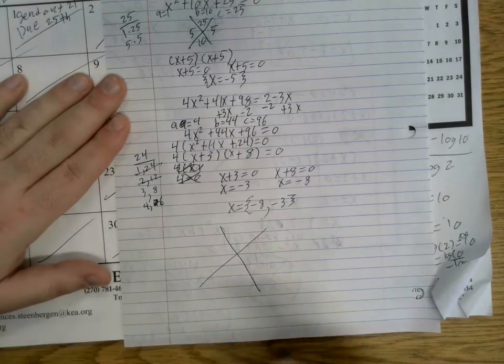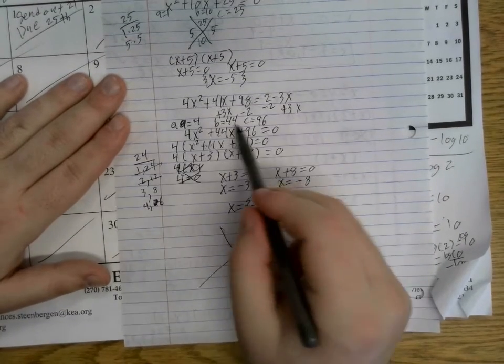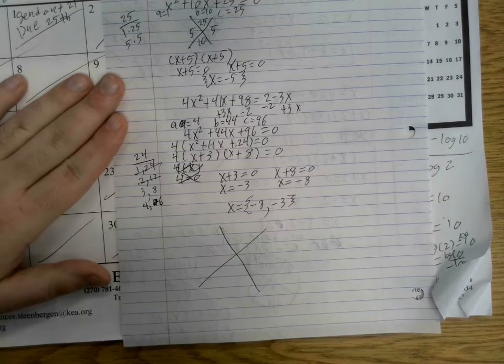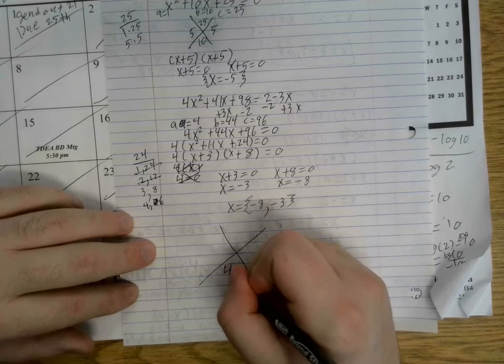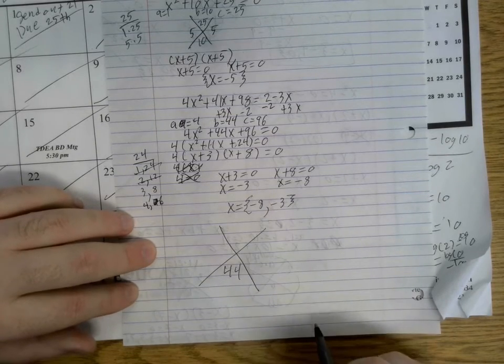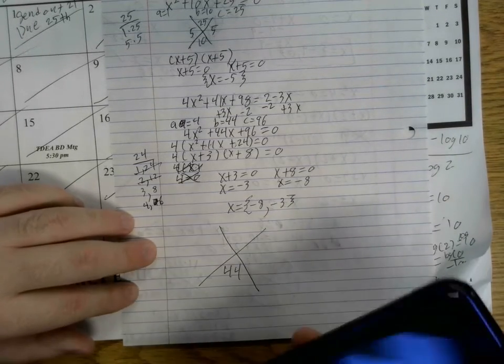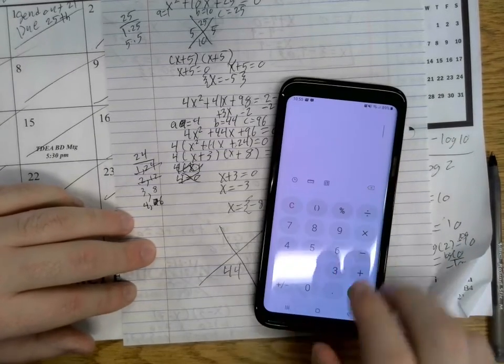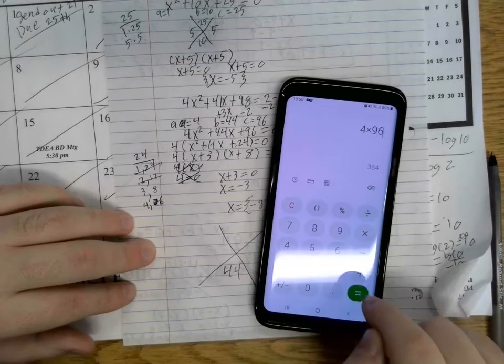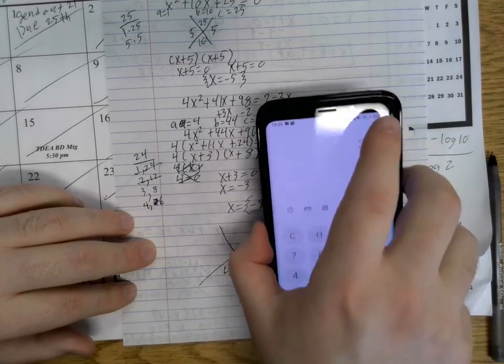Now, this one's going to be a little difficult because that's going to give us a very large number. And we got a pretty big number down here. So, bust out the handy dandy calculator, people. So, 4 times 96 gives us 384.